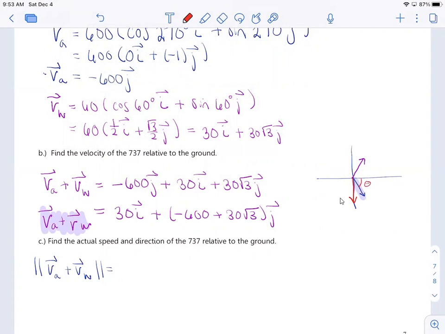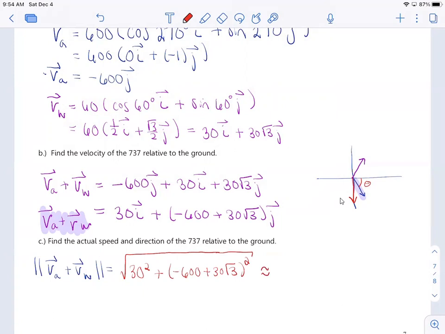So when I find the magnitude, you know, you could create a right triangle if you want, but once again, I hope this is getting better. It's 30 squared plus, and I'm going to put this whole thing, negative 600 plus 30 root 3 squared in parentheses. Again, don't round until the very, very end.